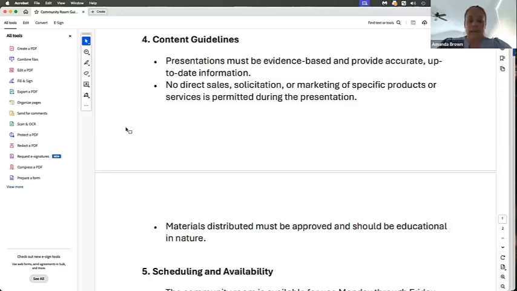Any materials that are handed out during the presentation must be approved. So those also have to be submitted with the presentation 6 weeks in advance, because that's also something that we look at to get approved, so we make sure that our patients are receiving the accurate information, and we're not signing our name on something that we might not agree with.